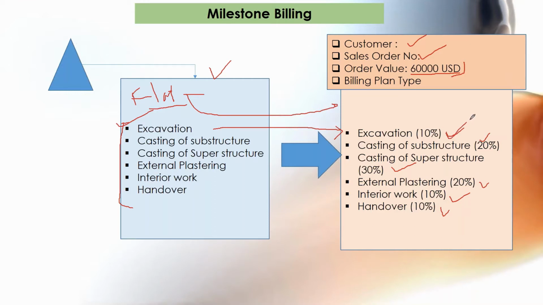So in the project system we need to create all these activities, also as milestones. I have taken one real-time example here. It happens generally in all construction industries.